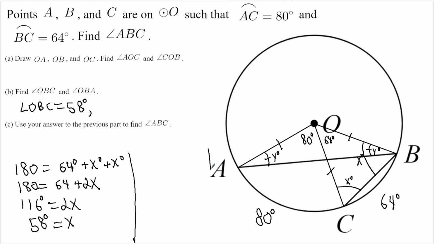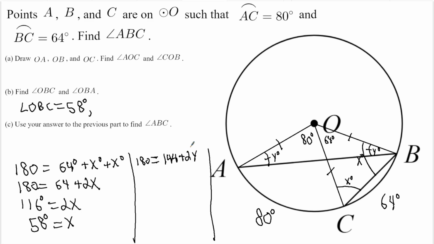So to find the remaining measure, or the angle y, we know that 180 is equal to 144 plus angle y plus angle y. So I'm just going to shorten it up, plus 2y.